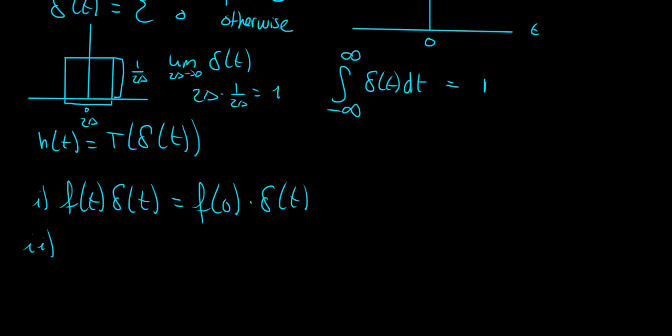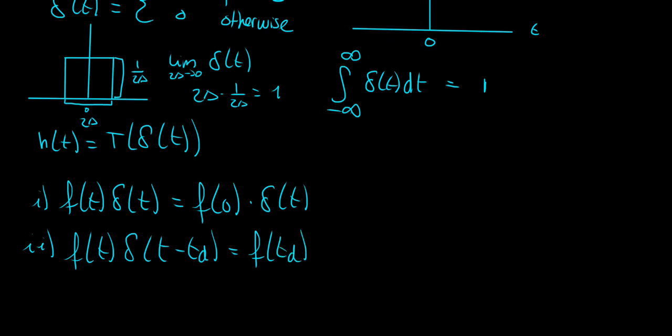The second property is that our delta function can be shifted a bit. That means we're not looking at f of 0, but at the position that we have shifted to.